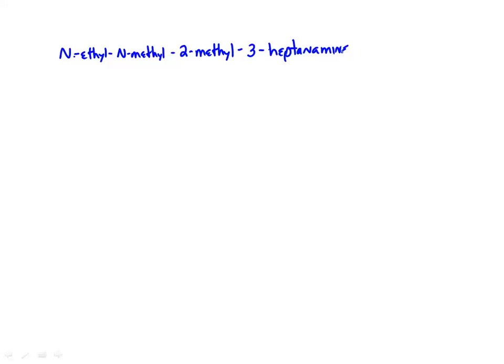Right. So all names, you technically start backwards. So first draw that hept, right? 1, 2, 3, 4, 5, 6, 7. And then notice that we need an amine, right? And we're working backwards, so where does the amine need to go? On the 3. Now notice, I started numbering backwards.